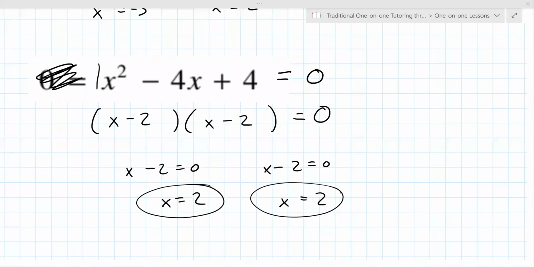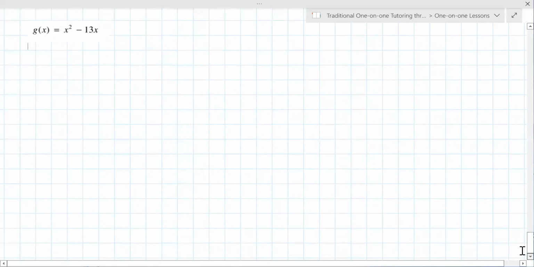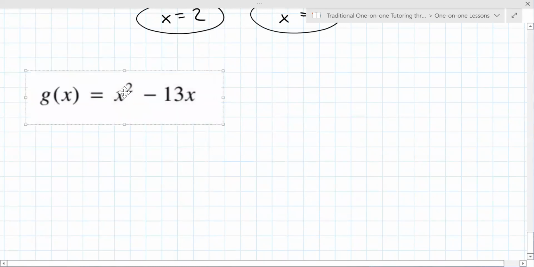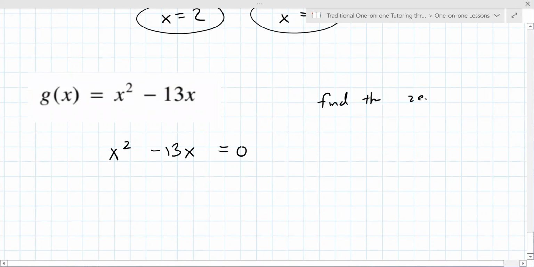Okay. So the instructions say to find the zeros of the quadratic. And what that means is you're going to set the function equal to 0. When it says to find the zeros, determine the zeros, calculate the zeros, you're going to set it equal to 0.